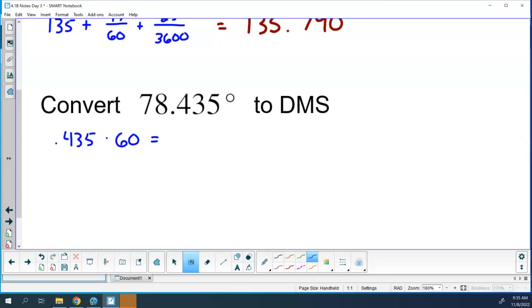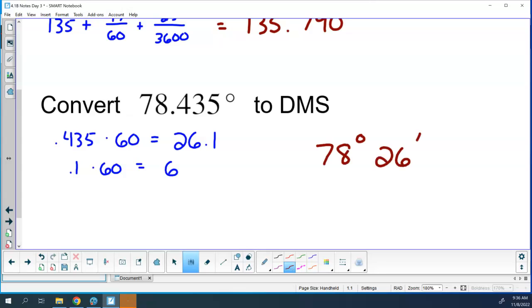And we get 26.1. Then we take that 0.1 and we multiply that by 60. And we get 6. So this one should be 78 degrees, 26 minutes, 6 seconds.